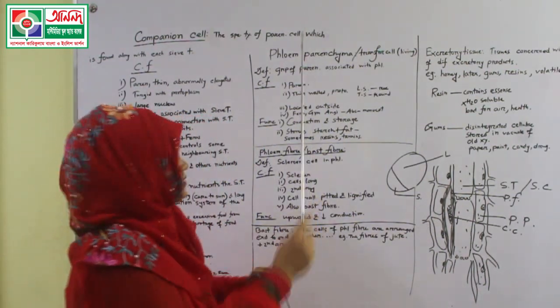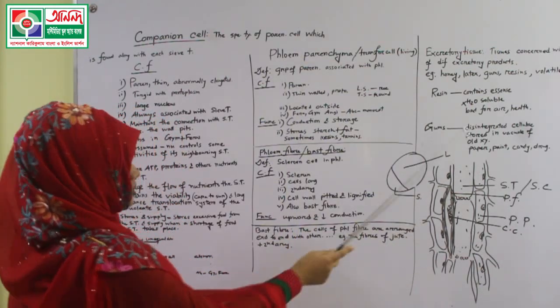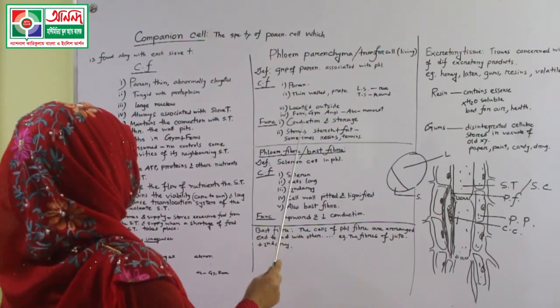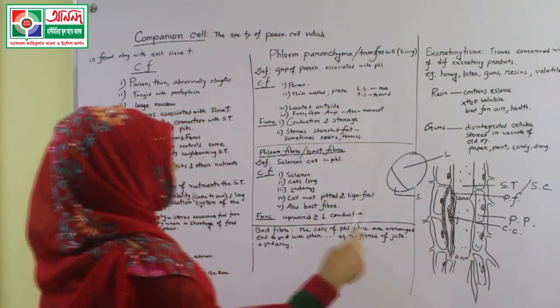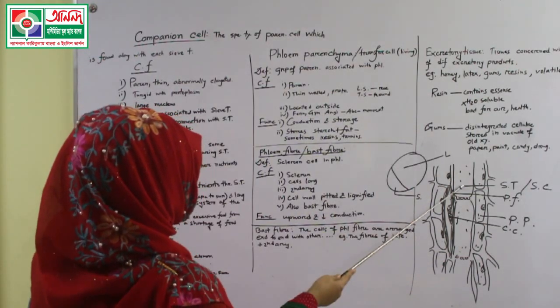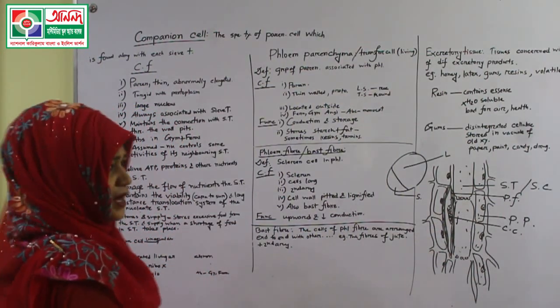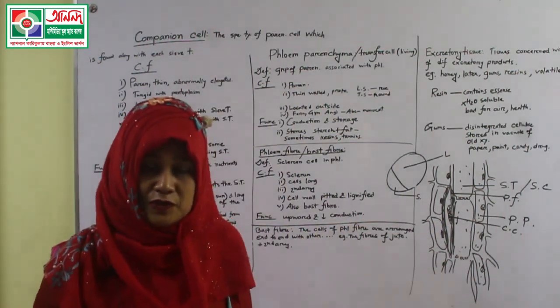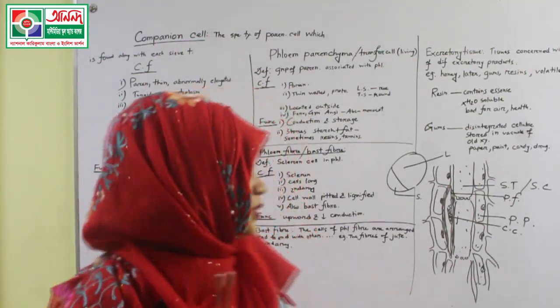Students, now read with me. The cells of the phloem parenchyma are parenchymatous in nature, with protoplasm, with a nucleus, located outside the sieve tube and companion cell, and found in ferns, gymnosperms, angiosperms, but absent in monocots.